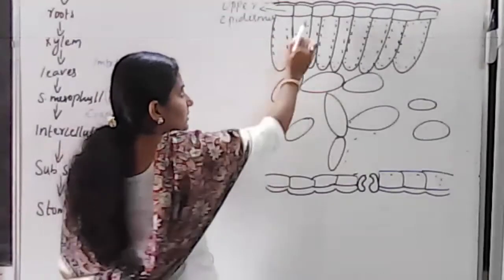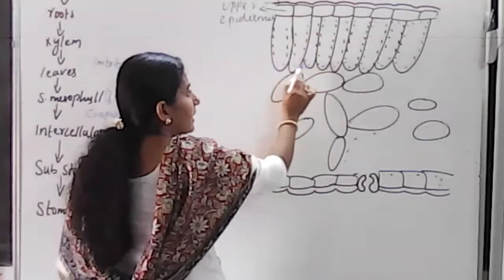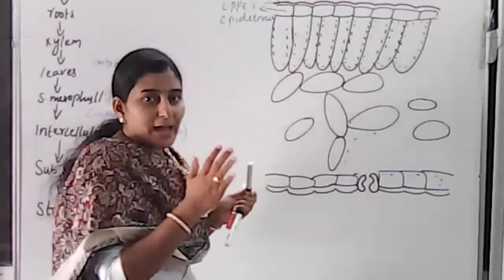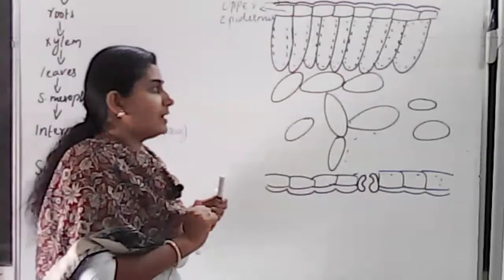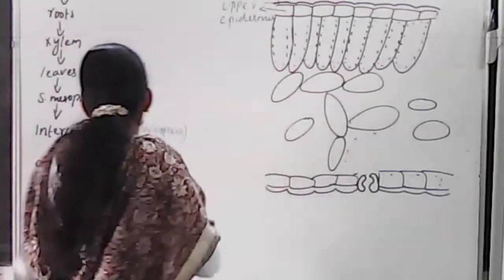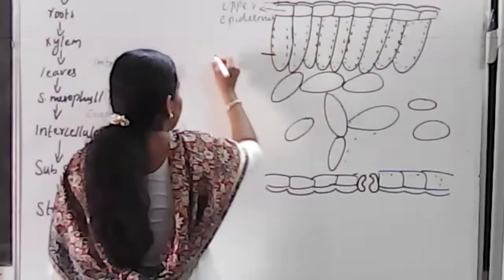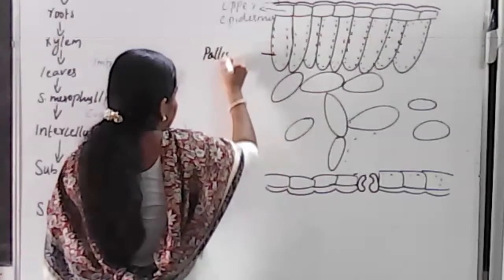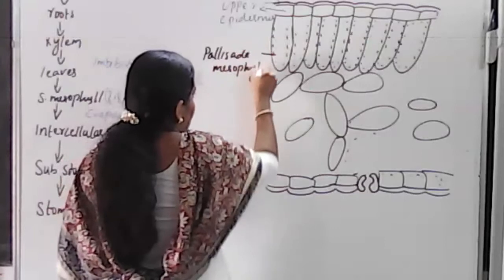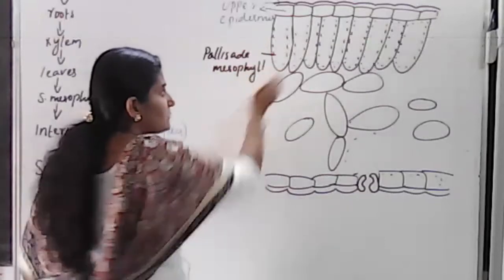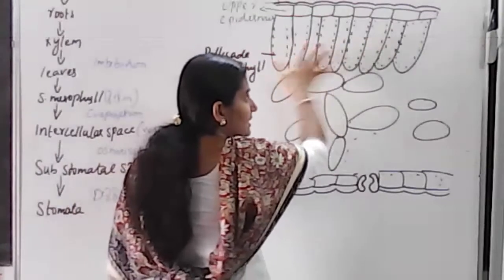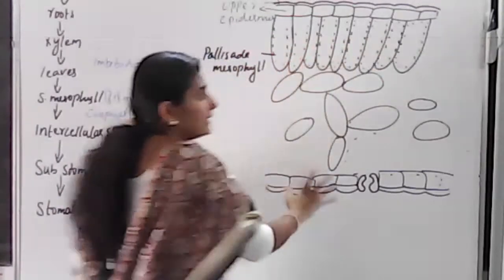Then just below the upper epidermis, we have parenchyma cells which are very closely packed without any intercellular space.